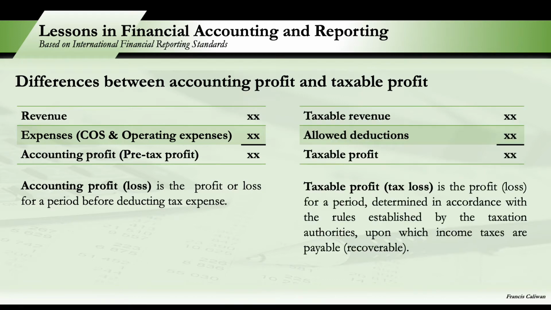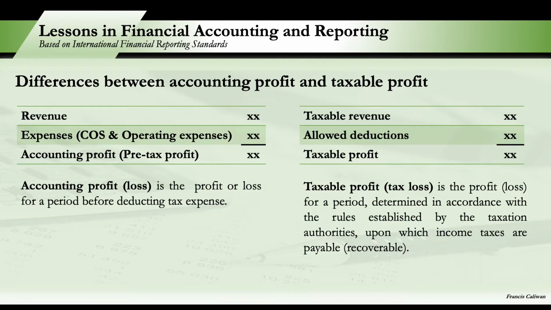Whereas taxable profit, as defined in IAS 12 also, is the profit or loss for a period determined in accordance with the rules established by the taxation authorities, which in the case of the Philippines is the Bureau of Internal Revenue, upon which income taxes are payable or recoverable. So we determine taxable profit by deducting the allowable deductions from our taxable income.